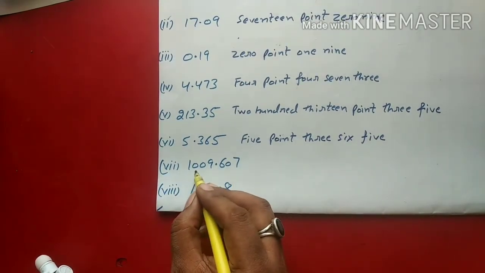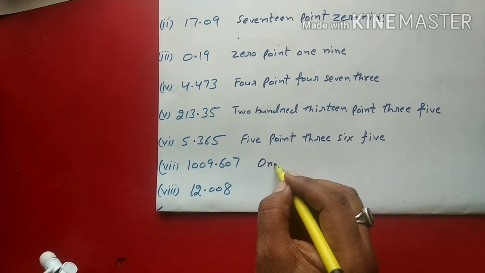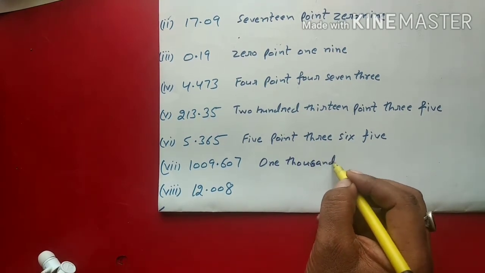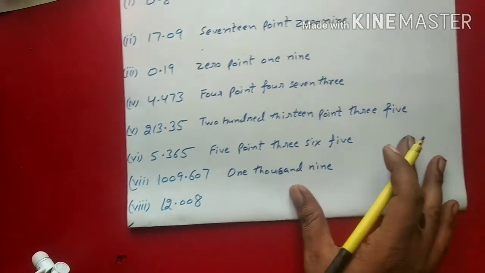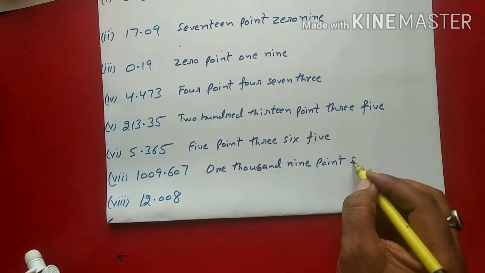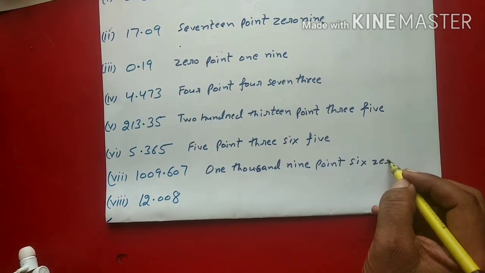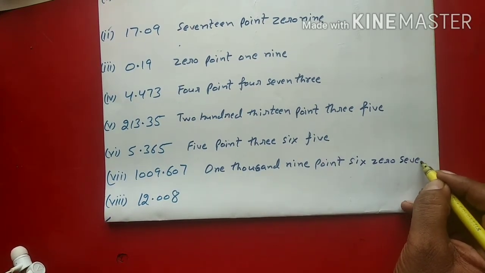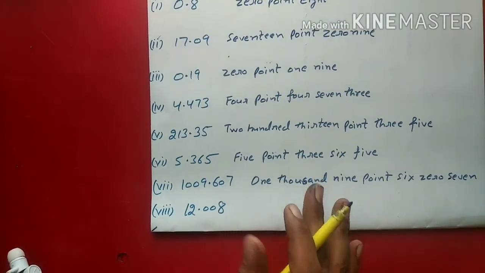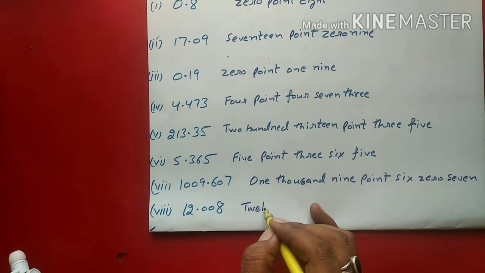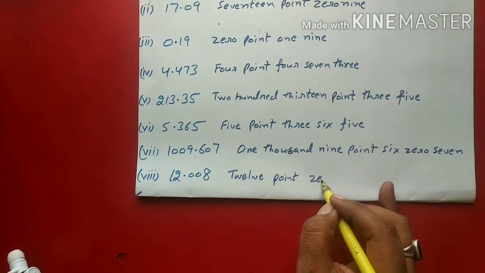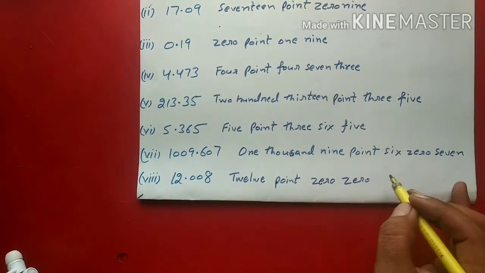Here this is 1009, so 607. Here 12.008, 0.008.